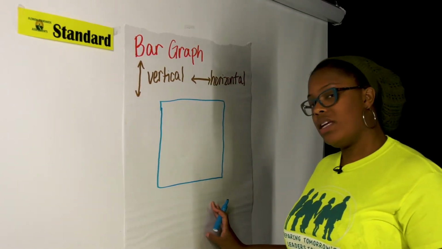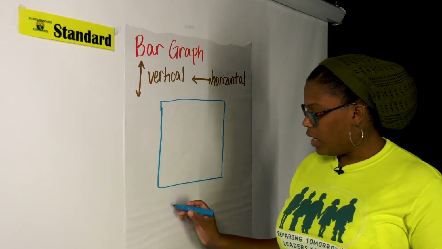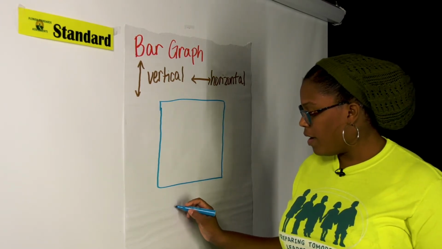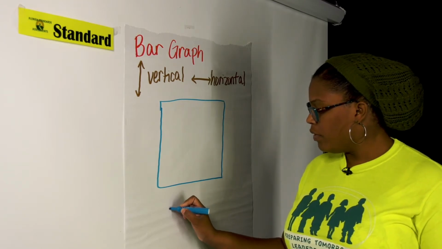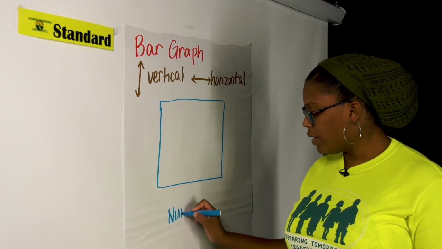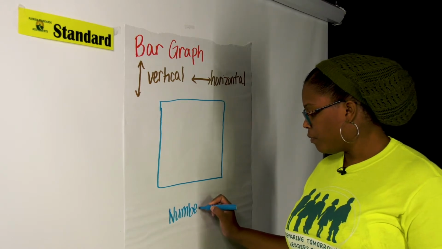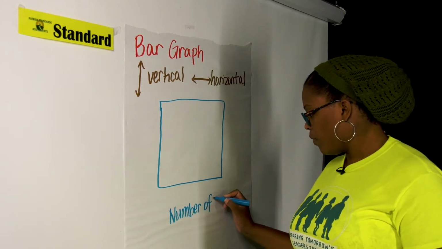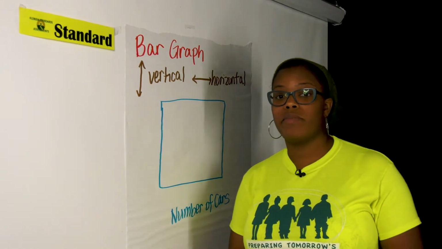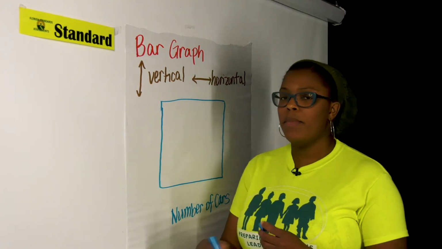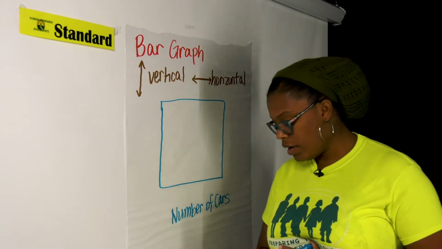Sometimes the title is at the bottom. So let's say we are looking at a graph that shows the number of cars. Okay. And let's just say we're talking about your classmates. You could be talking about your siblings, but we're going to compare the number of cars.